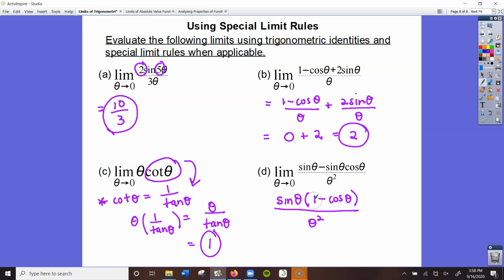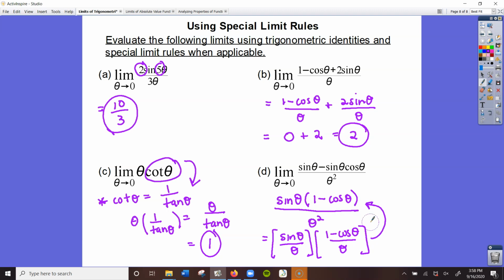So just like how in part B I separated into two separate fractions, you can also separate this as two separate fractions. So I can rewrite this to be sine of theta over theta times 1 minus cosine theta over theta.